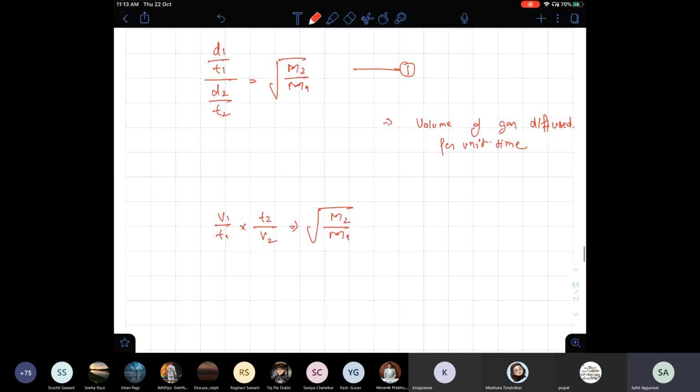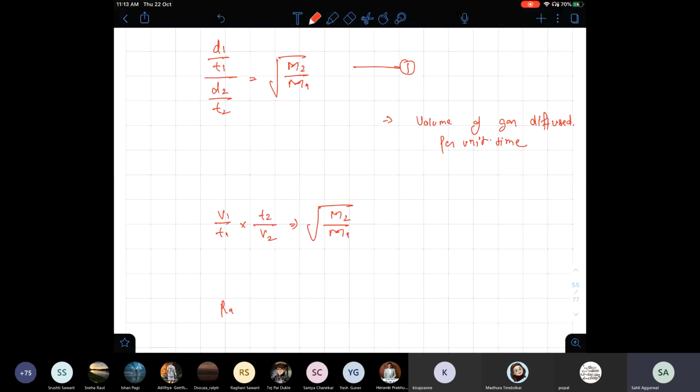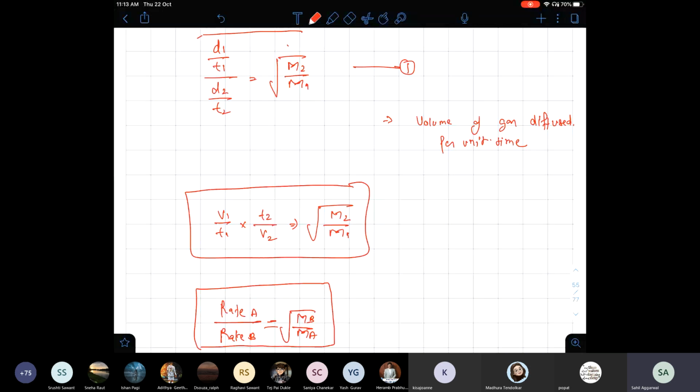It can be rate of gas A divided by rate of gas B equals to square root of MB by MA. It can be this. So it can be anything depending upon the question in which way it is asked.